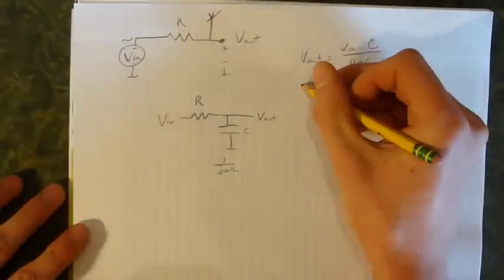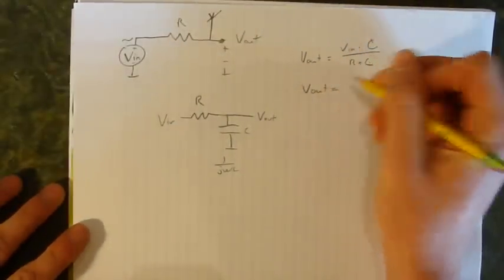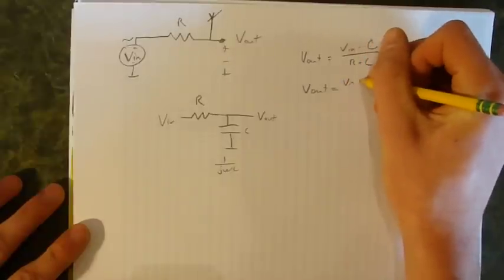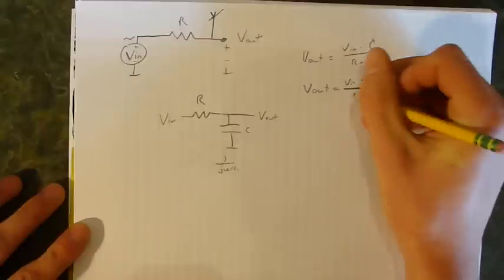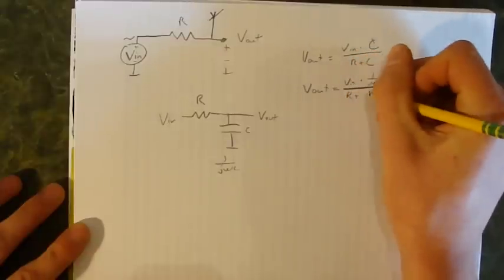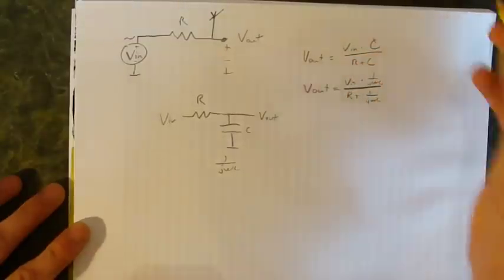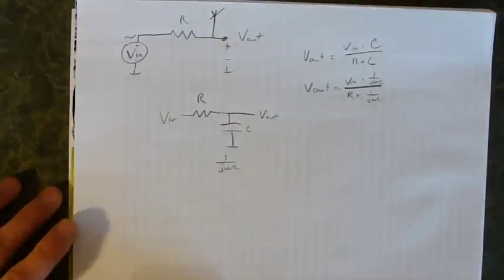So our new equation is Vout equals Vin times 1 over j omega C, all divided by R plus 1 over j omega C. Now let's simplify this further.